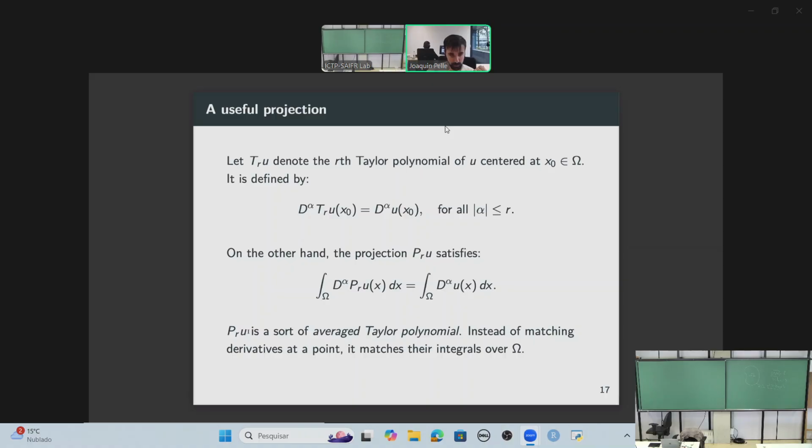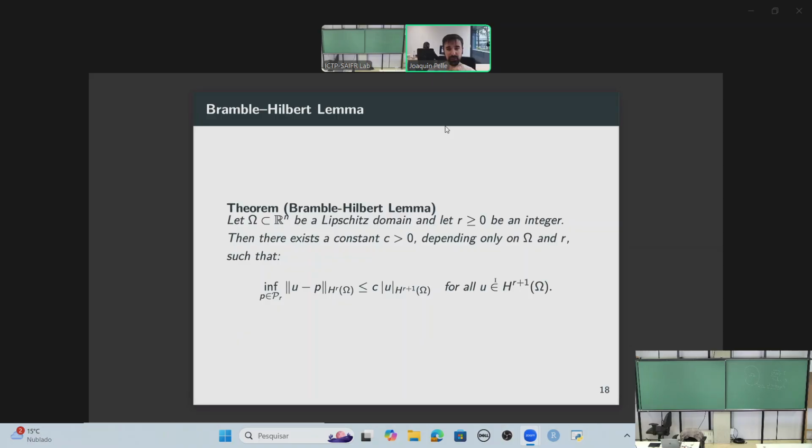So in a way, we can say that this projection gives a sort of averaged Taylor polynomial, right? So this is just to get some intuition of what this is. And now, finally, I introduce the Bramble-Hilbert lemma here, which is an important result that we are going to use now to build bounds on a mesh, right?